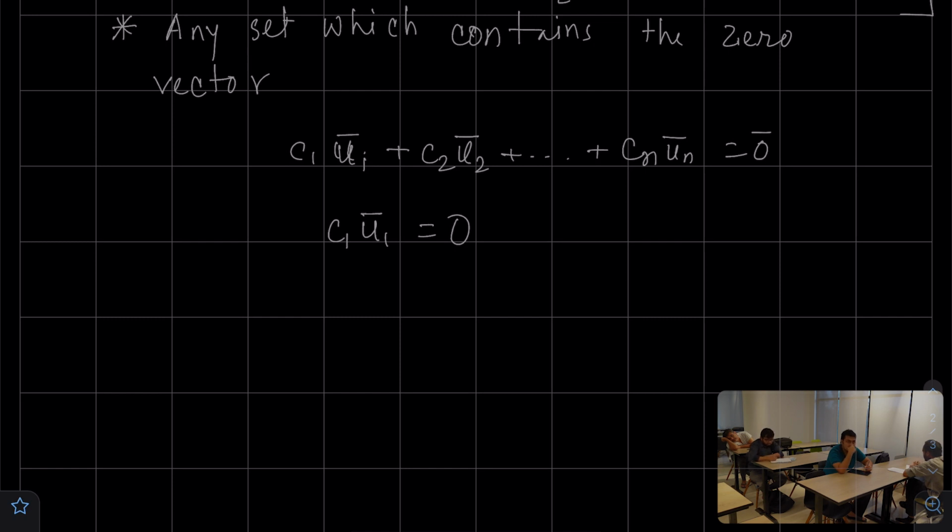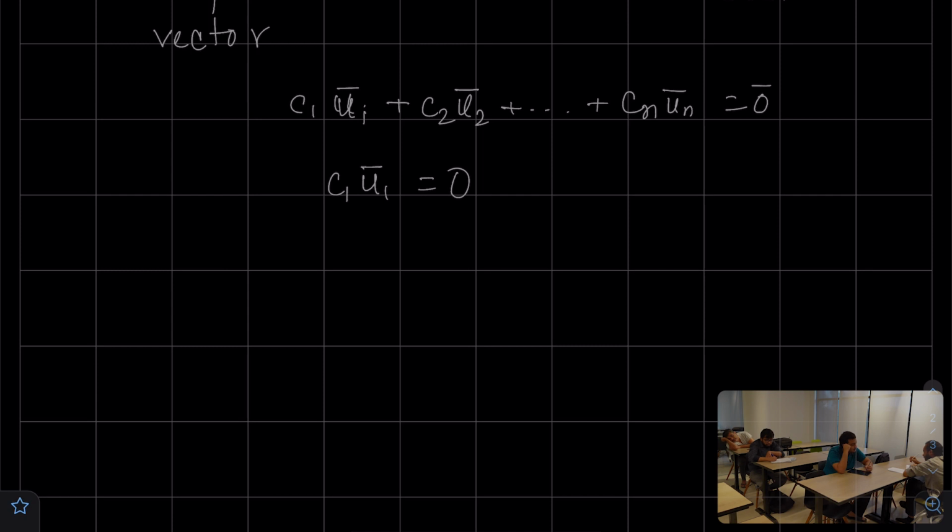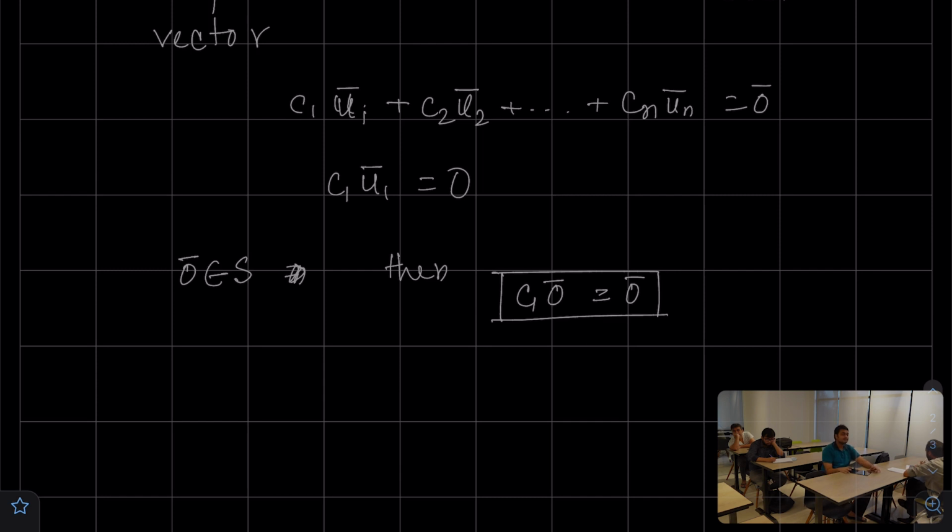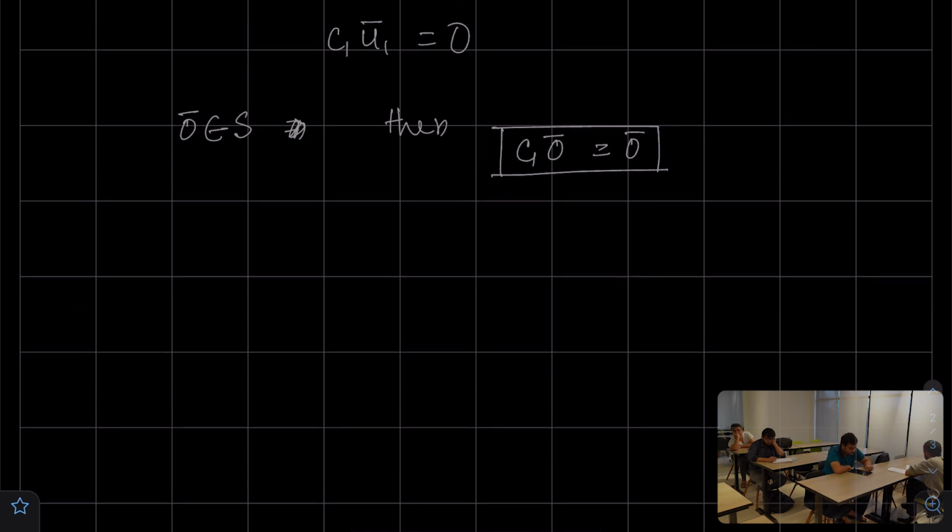So any set which contains the 0 vector, let us consider the set as S, and let the 0 vector belong to S. Then for any non-zero number C1, C1 times the 0 vector is equal to 0. So this shows that any set that contains the 0 vector is linearly dependent.